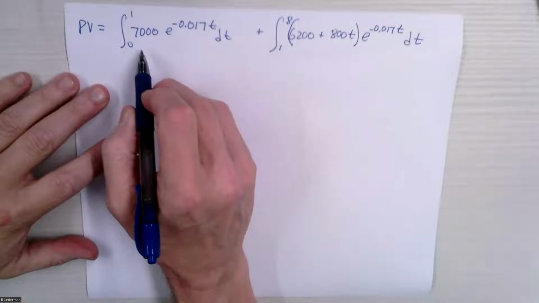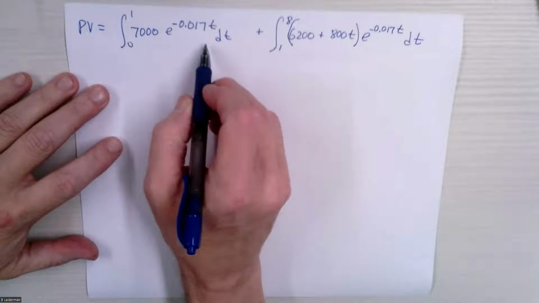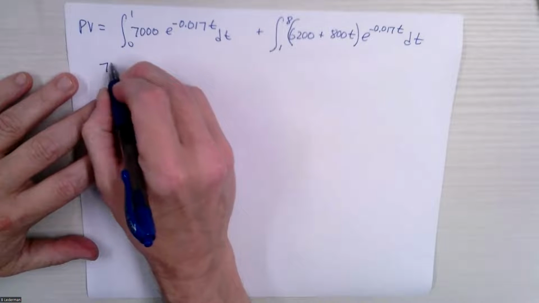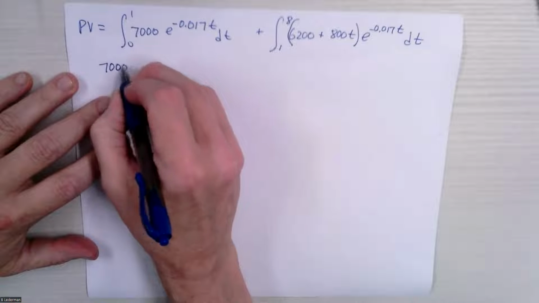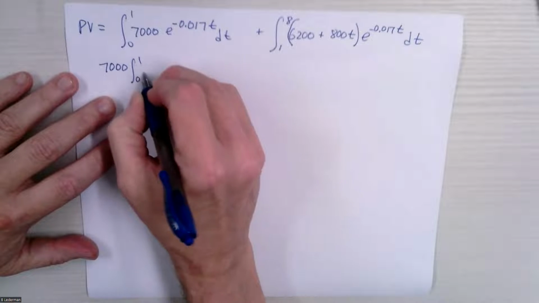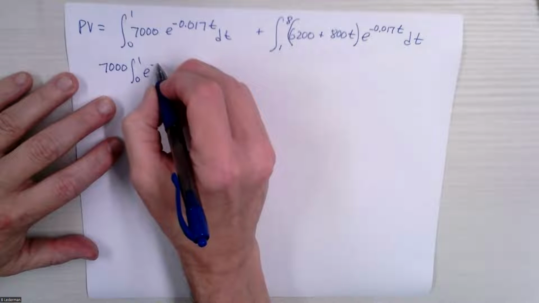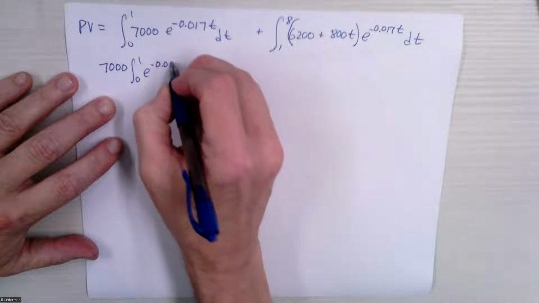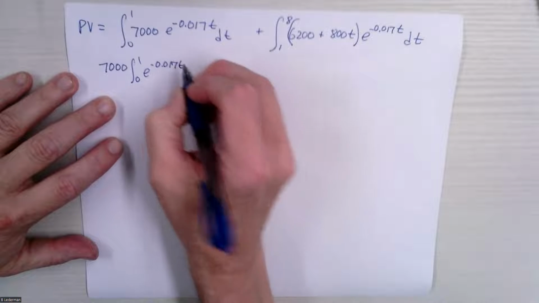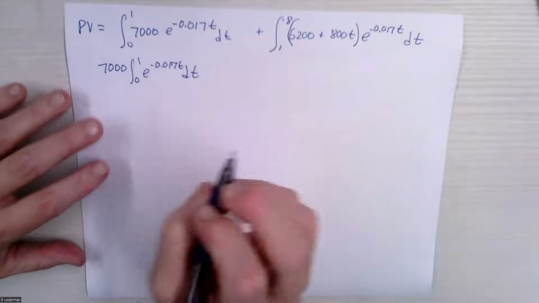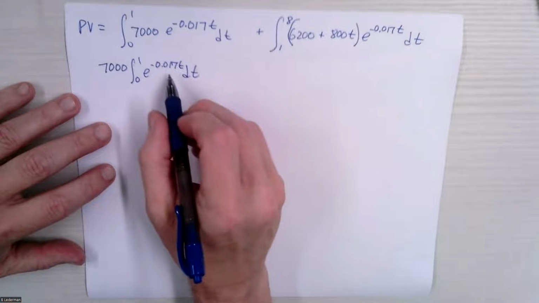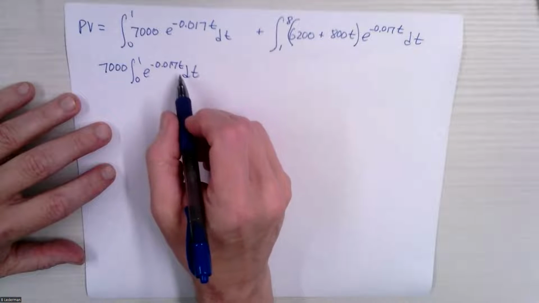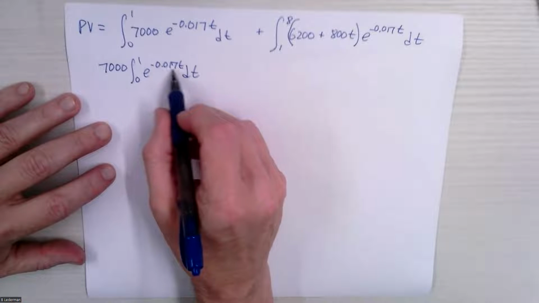So here, for this one, I'm going to take out the 7,000. The integral from 0 to 1 of e to the negative 0.017t dt. I could do the u thing, but basically all that's going to happen is I'm going to wind up dividing by the 0.017.